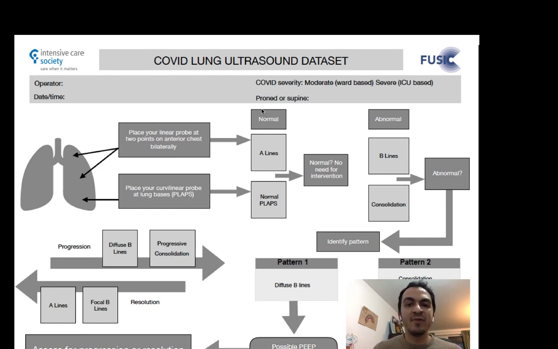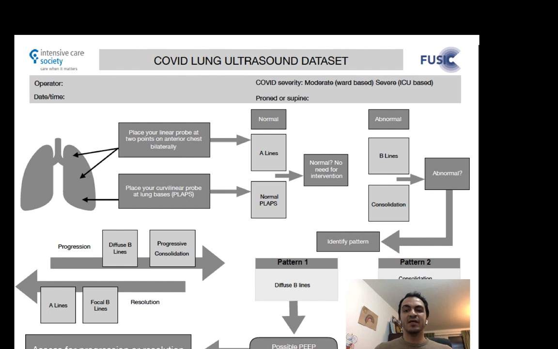If there's no abnormality found, you don't need any intervention. But if you see B lines or consolidation, then you will consider which pattern is predominant. If you have diffuse B lines, this could trigger you to possibly consider giving more PEEP to your patient to recruit the lungs.